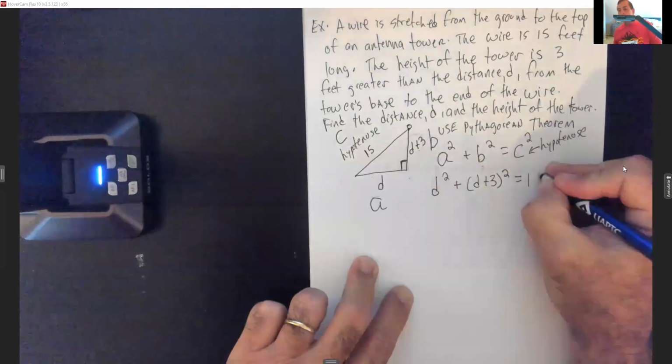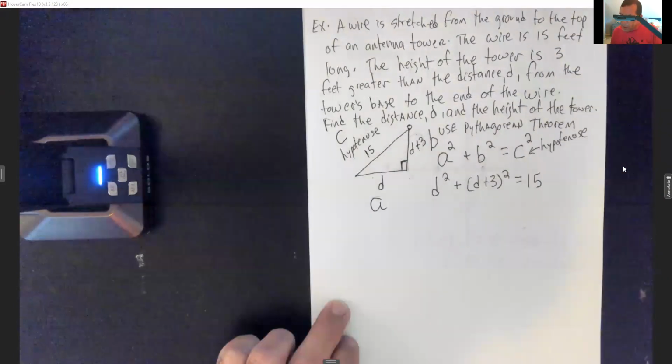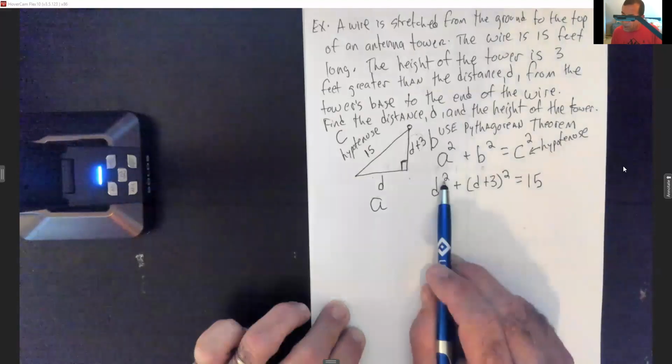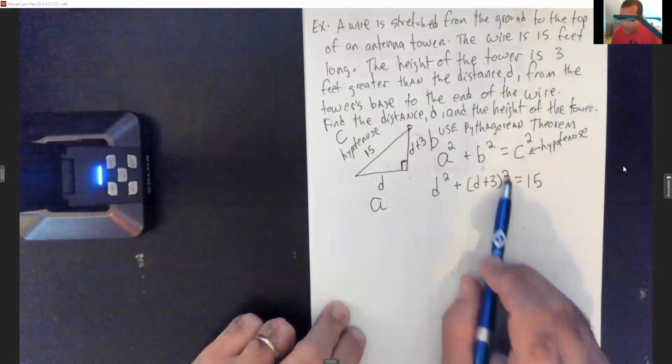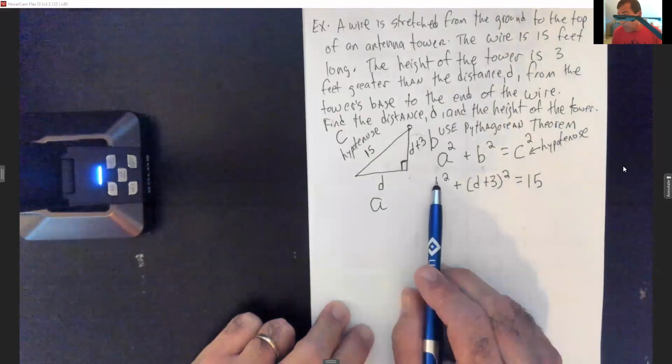So this is going to end up being a little quadratic because of these d squareds in them. So the first thing we got to do is work the parentheses because we got an exponent sitting behind it. Cannot do nothing to this because that d times d is still going to be a d squared.